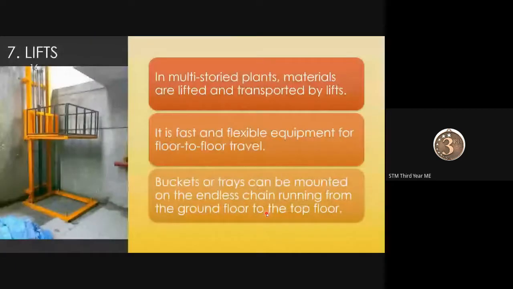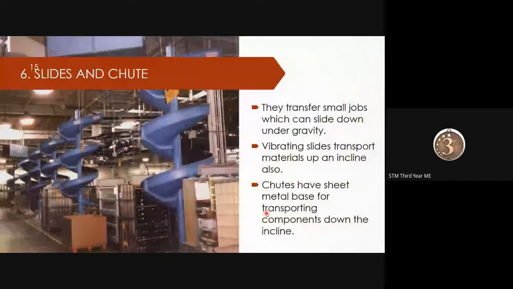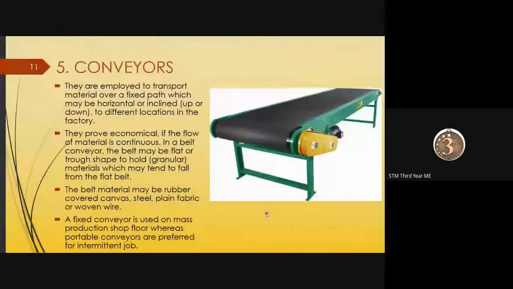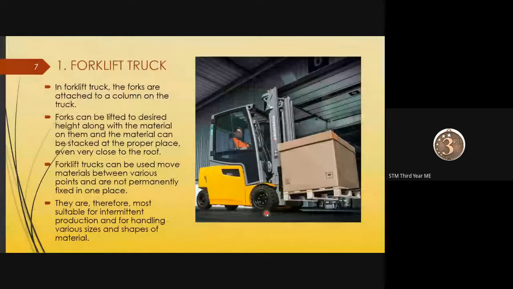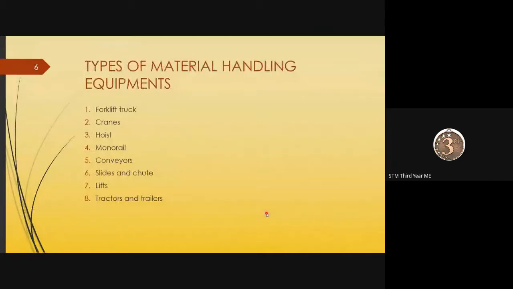So those were the basic types of material handling equipment that we have seen. The first one was forklift truck, second was cranes, third was hoist, fourth was monorails, fifth was conveyors, sixth was slides and chutes, then comes lifts, and finally tractors and trailers. So these are the material handling equipments.